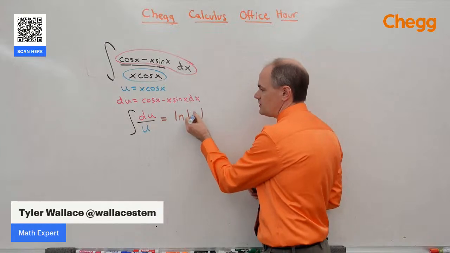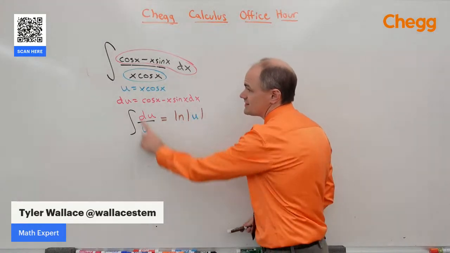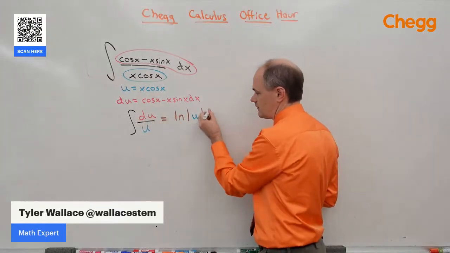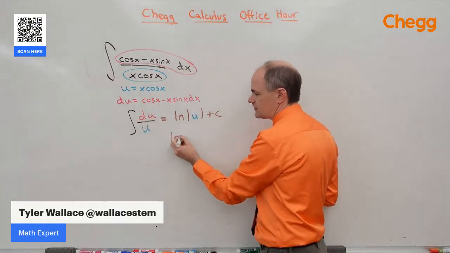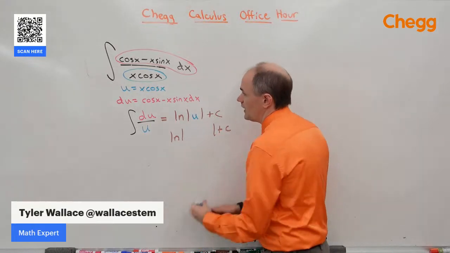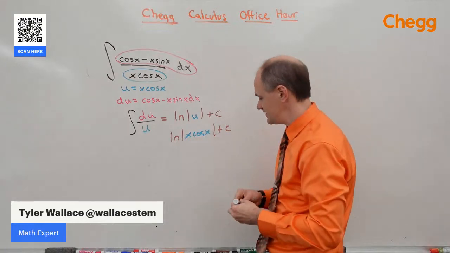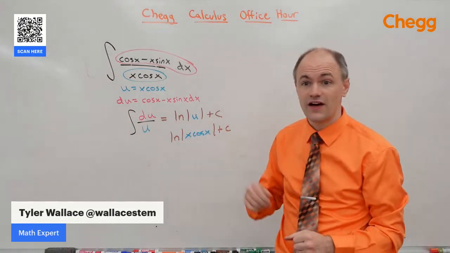But remember that u has a special value. That u is this x cosine x. So for our final answer, we can say it's the natural log of that u plus c, or the natural log of the x cosine x plus c for our final solution.